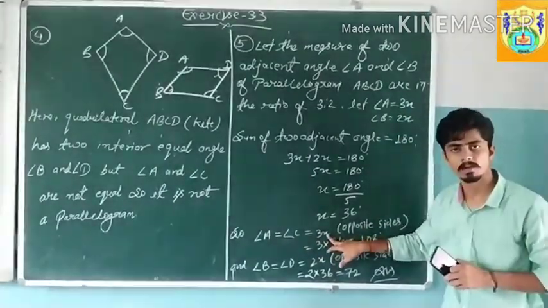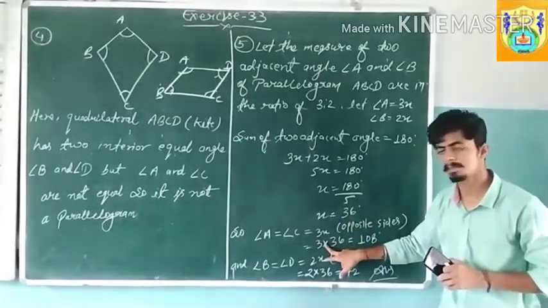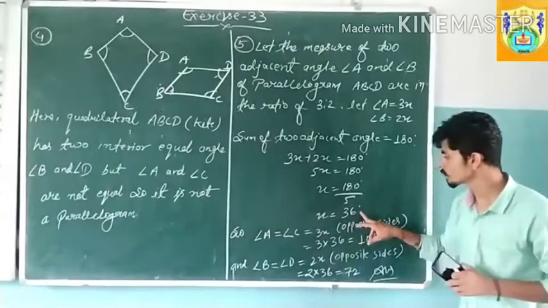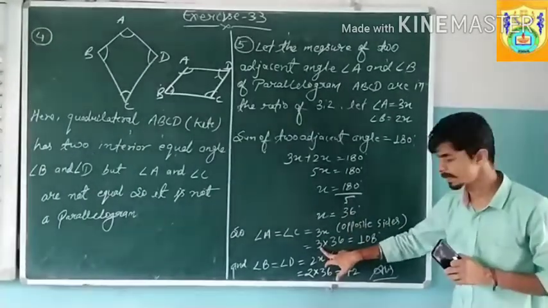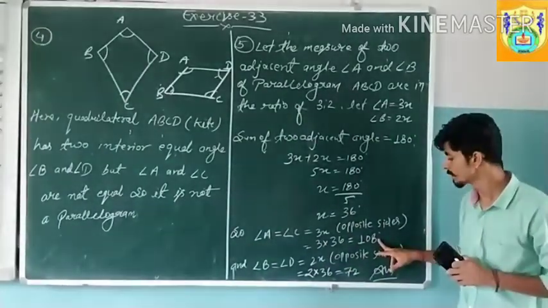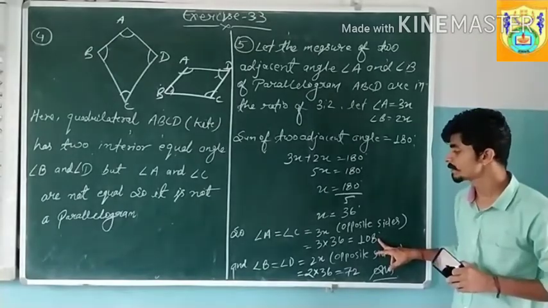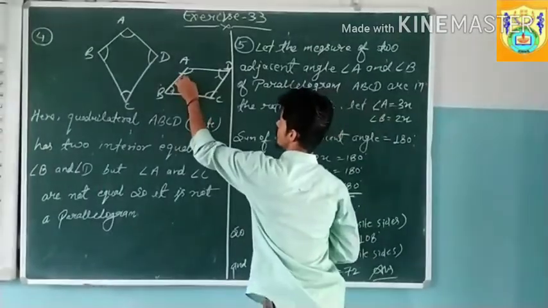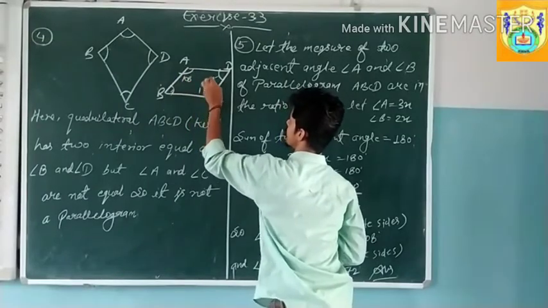We have to put the value of x here. 36 will be multiplied, because 3 is in multiplication form with x. So 36 will be multiplied with 3, and we get 108 degrees. The measurement of A and C is 108 degrees and 108 degrees.